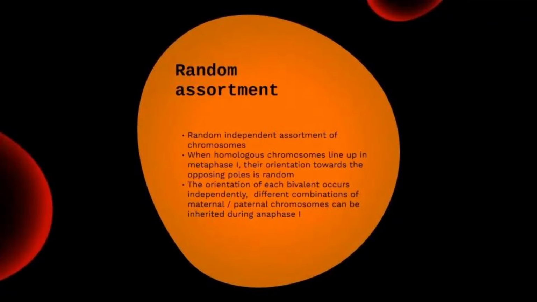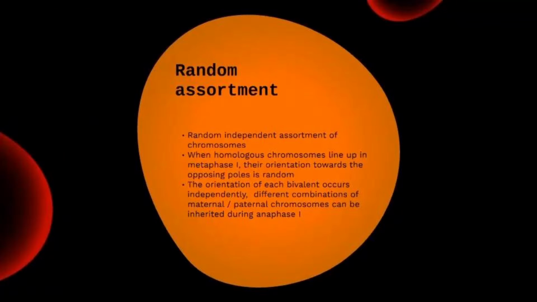So during metaphase, when all the chromosomes line up on the equator, during metaphase of mitosis, that's when the sister chromatids get pulled apart. So you get one sister chromatid for one cell and one sister chromatid for the other cell. This is where meiosis actually differs.